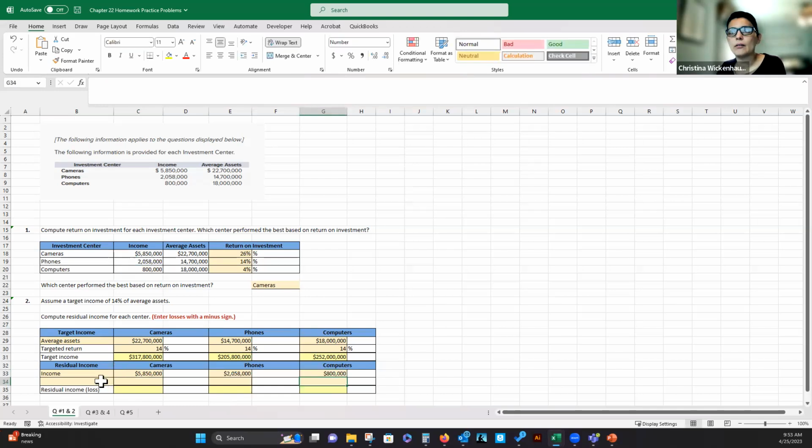And then from that, if we subtract the targeted income, which is the amount that we just calculated up here, I'm just going to copy it equals in each one and click on the cell above. And now we can subtract these two. So equals our income minus our target gives us a residual loss.